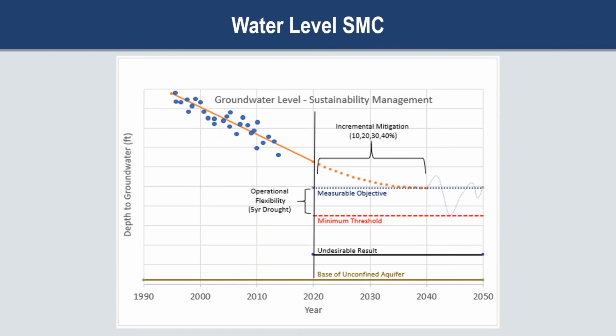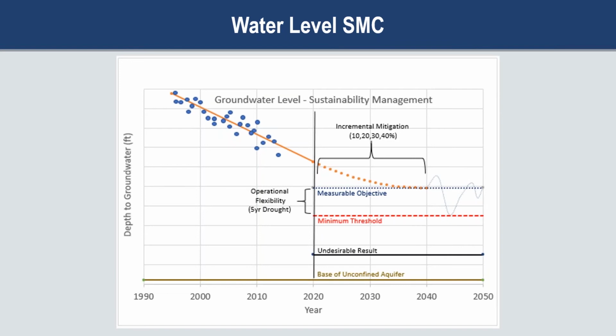Using the trend of the historical data, we took that rate of decline, so how much it dropped per year, and took it from the last measured fall reading and extrapolated it out to 2020 to estimate what the water level is in 2020. Now I know it's 2019, but it takes time to go through all the data, so when we're creating the plan, the most recent data point is 2017.